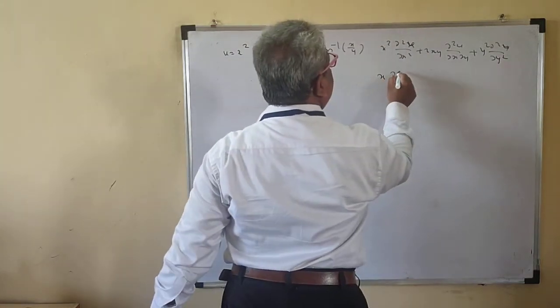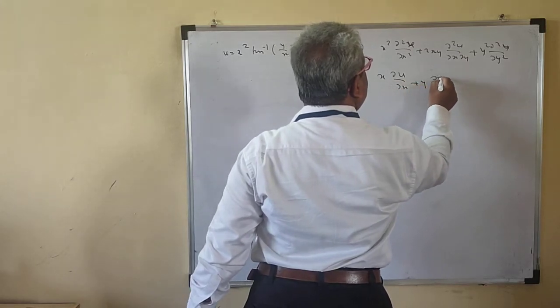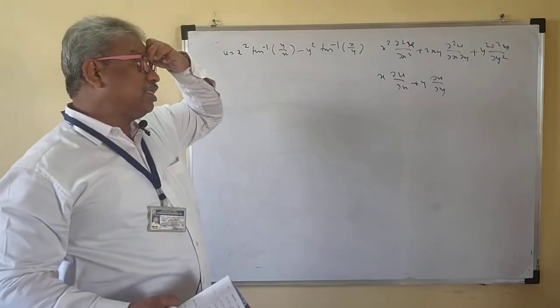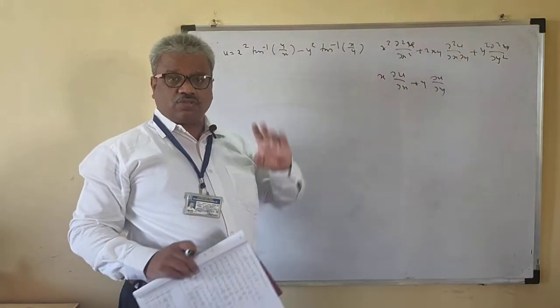We'll also take the problem: evaluate x ∂u/∂x + y ∂u/∂y. Without this you cannot do the first one actually, but this is the problem for MCQ, so then you can directly solve this one.